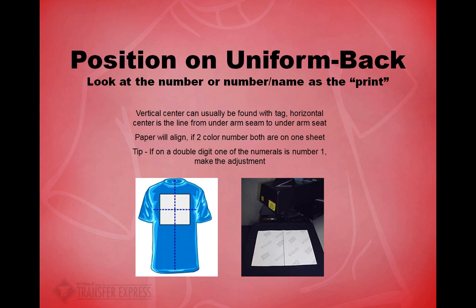So you'll find that tag and draw an imaginary line, such as you see in the left picture here, down the center of the back from where you see that tag. Then the horizontal center can be found using the armpits. So find the underarm of the jersey, and draw a line from underarm to underarm. Where those 2 imaginary lines intersect is the center of the back of your jersey.